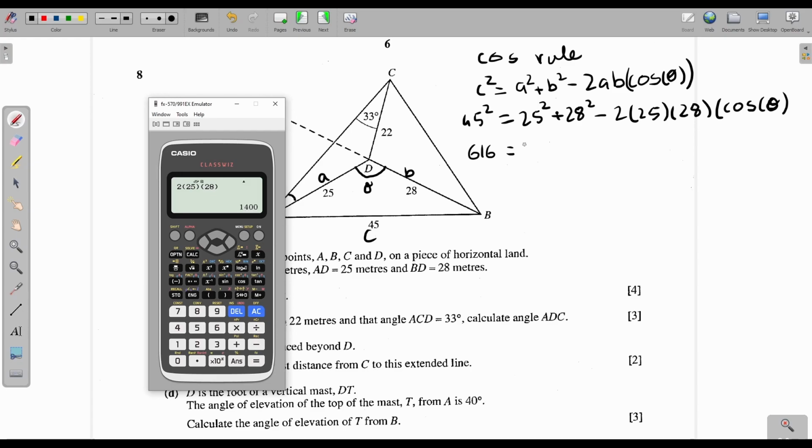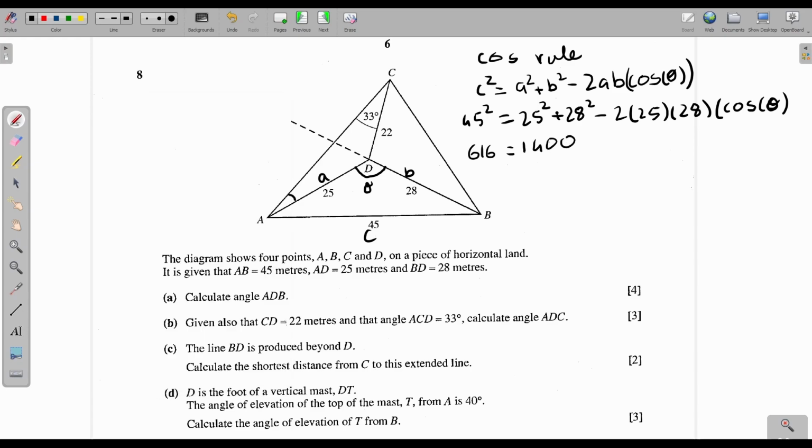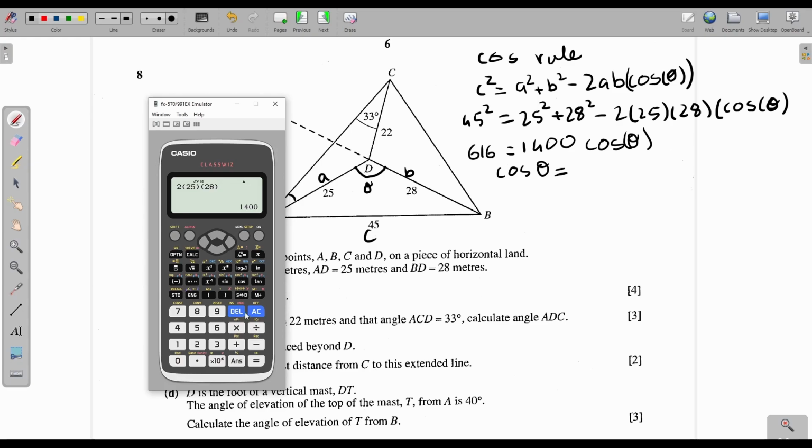That gives us 1400. 616 is equal to 1400 cosine of theta. So that means cos of theta is equal to 616 divided by 1400, 11 over 25, or 0.44, and then we can do cos inverse of the answer.